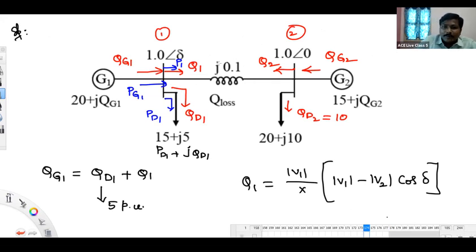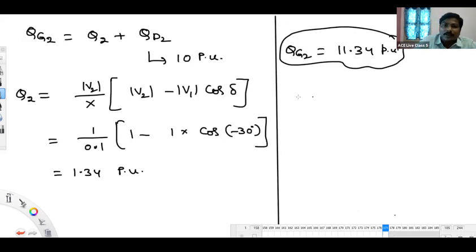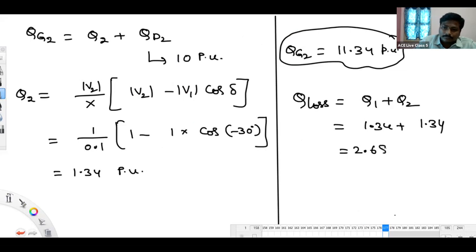And how much is the reactive power drawn by this line? What is the reactive power loss in the line? That is the value Q1 plus Q2. That's the Q loss. Q loss in the line is Q1 plus Q2, so it will be 1.34 plus 1.34, which is 2.68 per unit.